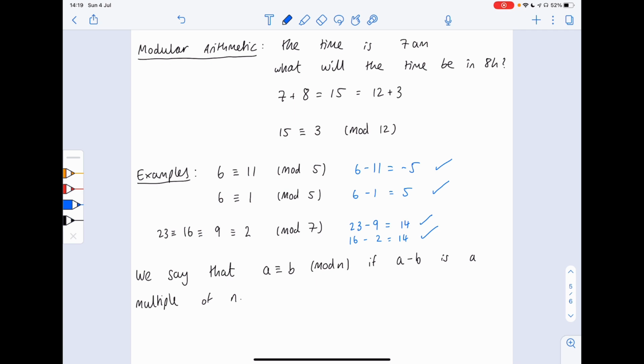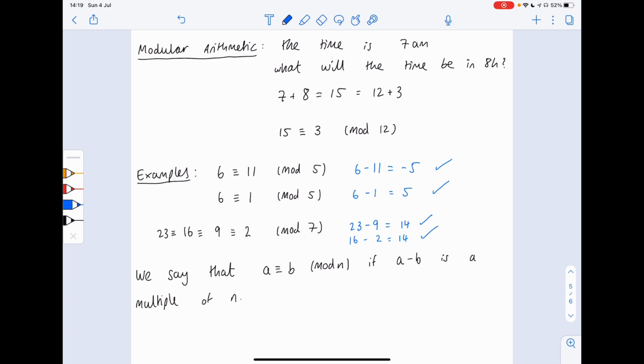So modular arithmetic is very important in number theory because it allows us to describe relationships between whole numbers in a very succinct way, right? In a way that is very easy to write down.